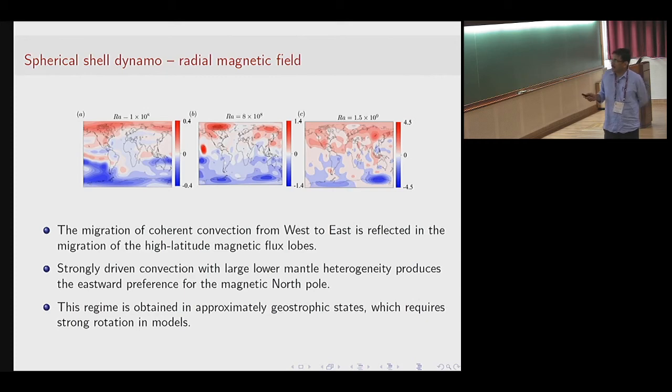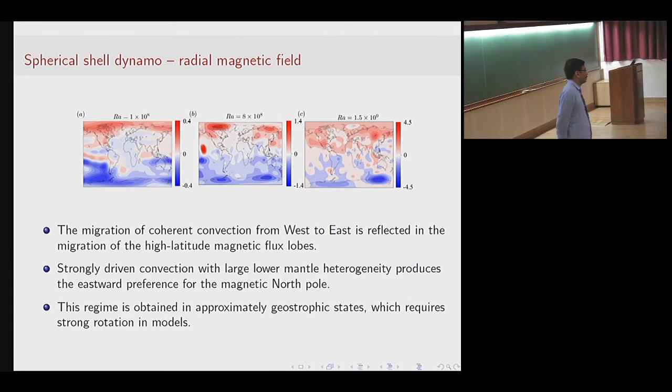And we think it is a combination of the heterogeneity of the lower mantle coupled with strongly driven convection in the core, subject to the condition of approximate geostrophy, that actually causes this distinct behavior of the Earth's magnetic field.